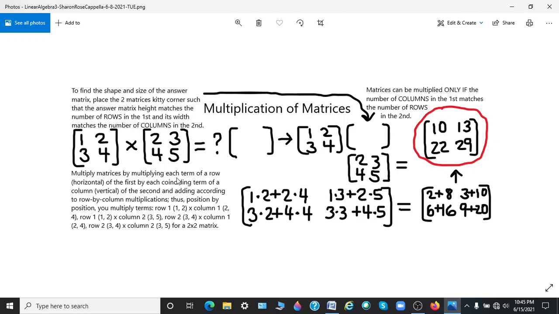And you just got to make sure you do every row on this side times every column on this side. So basically, it's component by component, the rows of matrix 1 times the columns of matrix 2. And that is the way you do matrix multiplication.